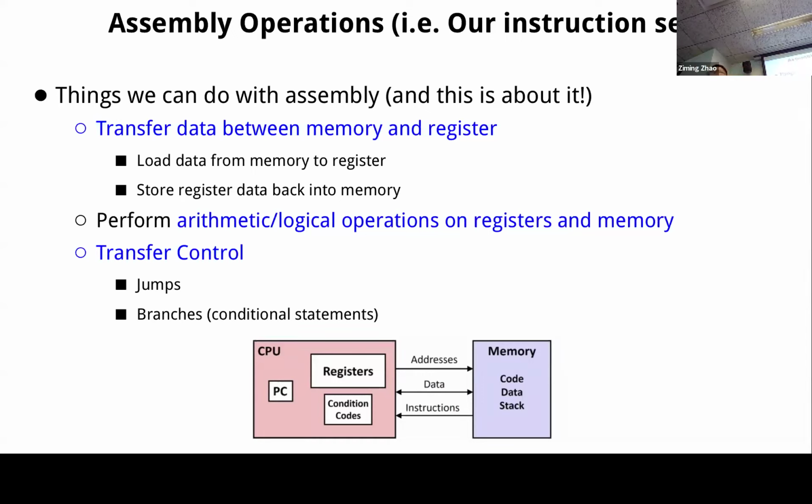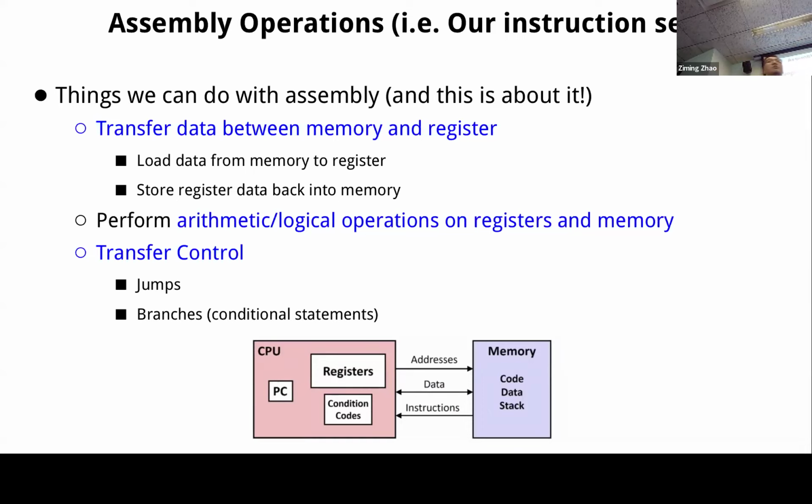There are different instructions to perform all kinds of computations, arithmetic or logical operations. Most of those operations are on registers. Some of the instructions can also operate on register and memory. If the operation is only on registers, it will be very fast because it doesn't need to go out of the CPU.